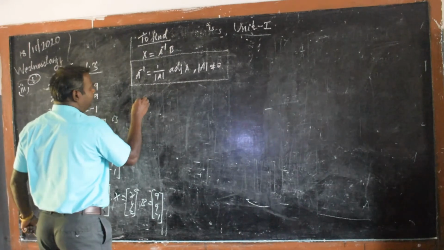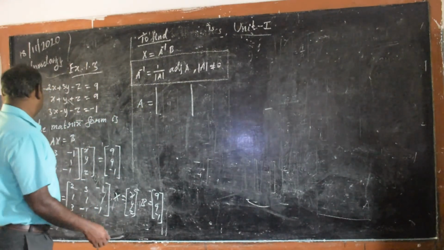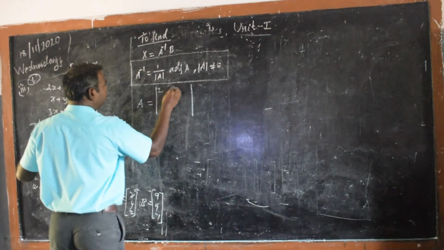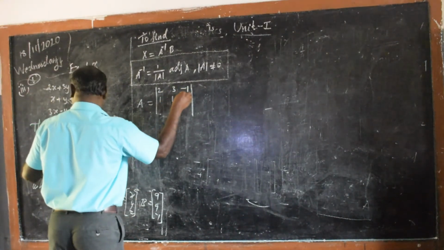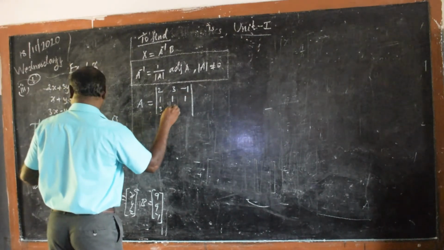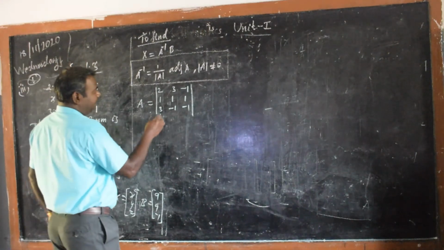So determinant A equal to 2, 3, minus 1; 1, 1, 1; 3, minus 1, minus 1. Expand row wise.